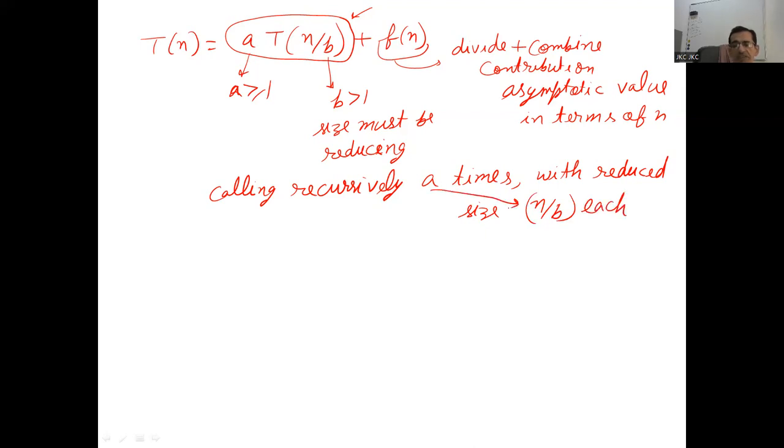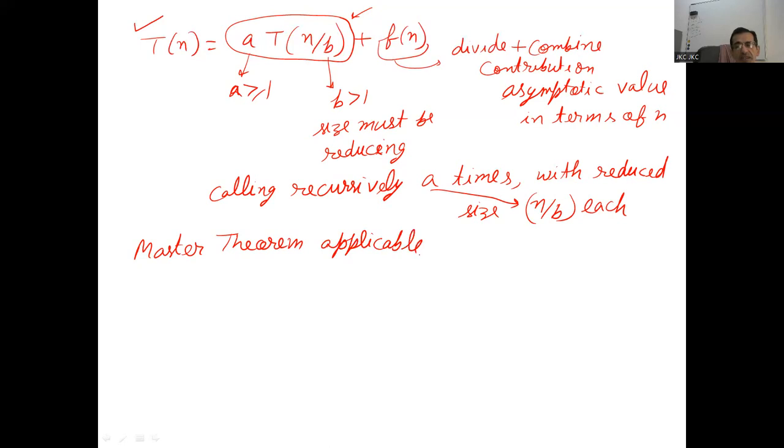Of course, if they do not all have the same size, then we probably use the recursion tree and so on. But for solving using the master theorem, if I have T(n) equal to a T(n/b) plus f(n), then the master theorem can be used. Of course, some conditions apply, but it is applicable.